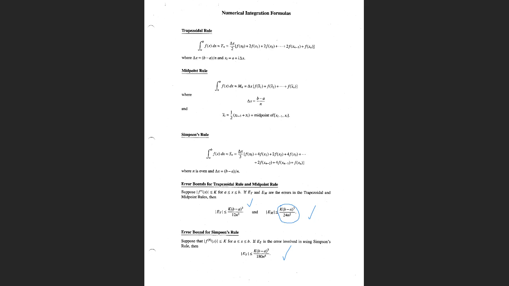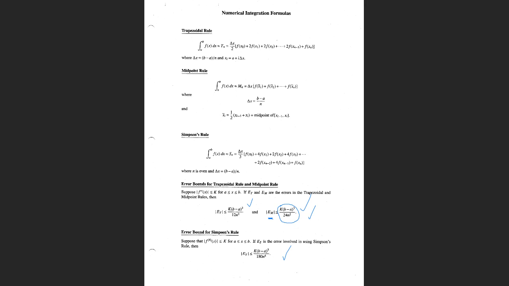So what this is saying is that the bound on the error using the midpoint rule is less than or equal to K, big K, times the length of B minus A, that quantity cubed, over 24n squared.